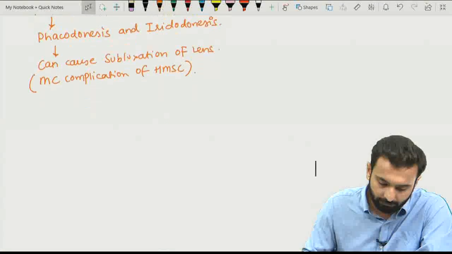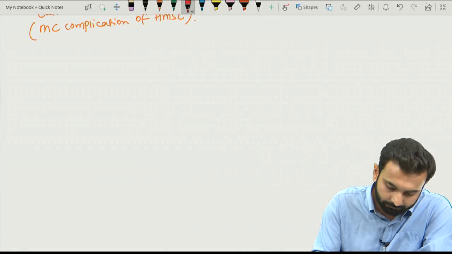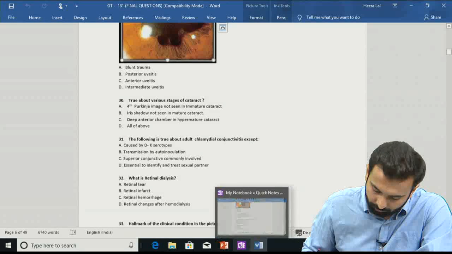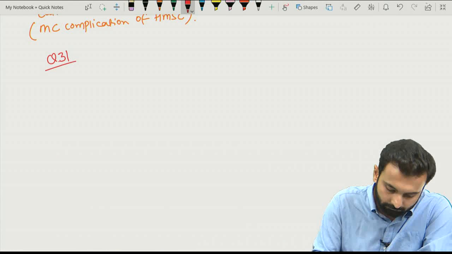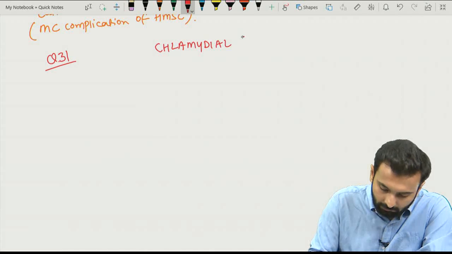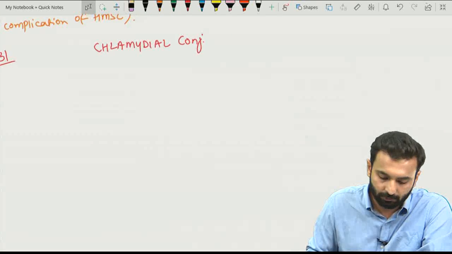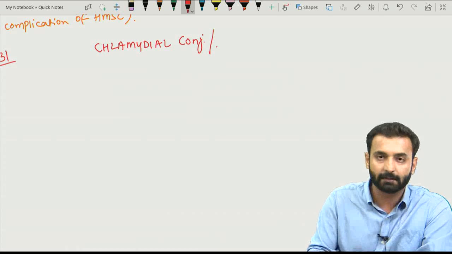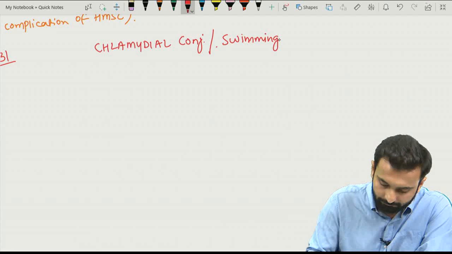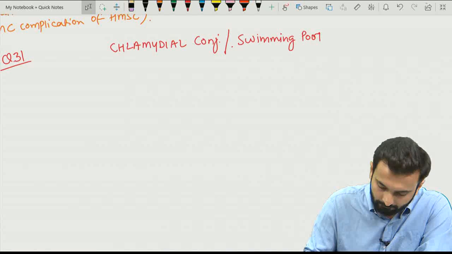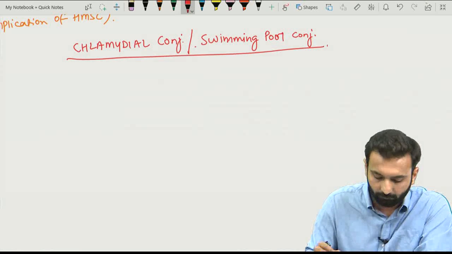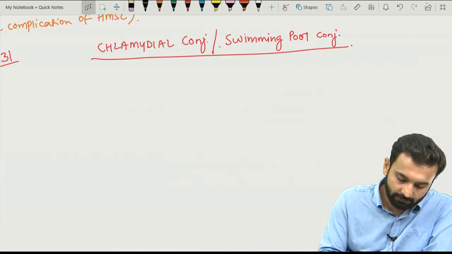So let us discuss briefly about chlamydial conjunctivitis. You should keep in mind that the other name of this is swimming pool conjunctivitis. Right? So what happens in this?